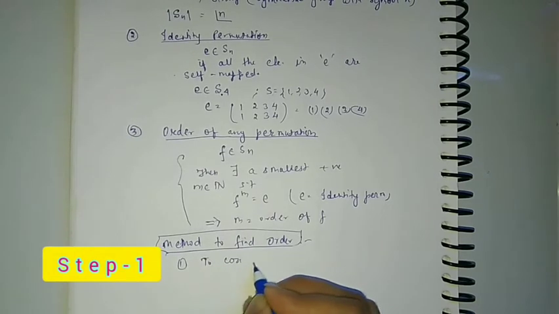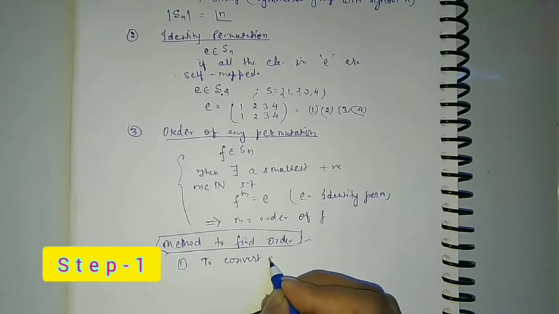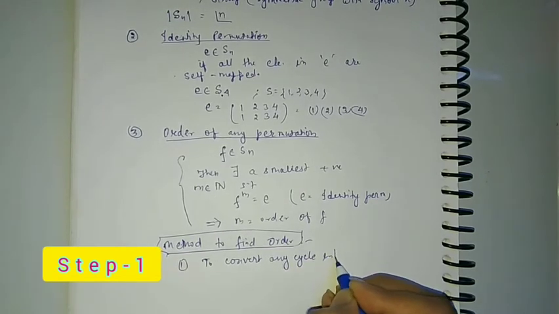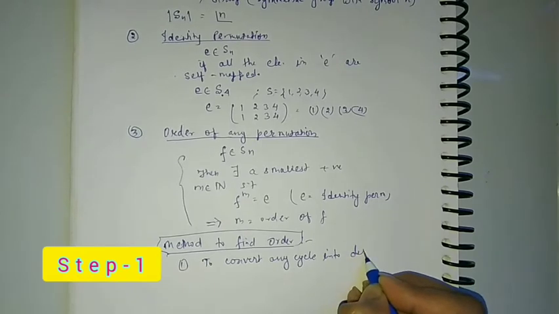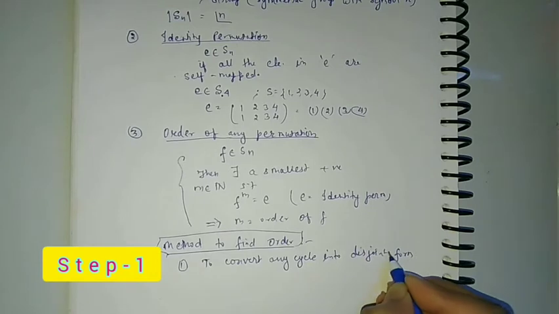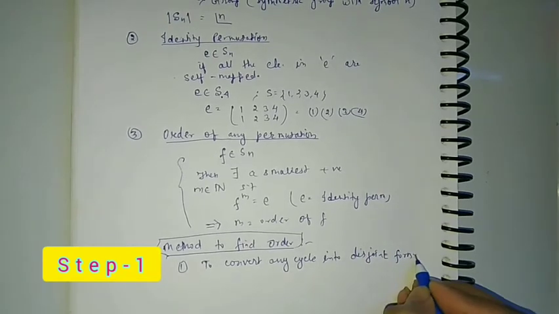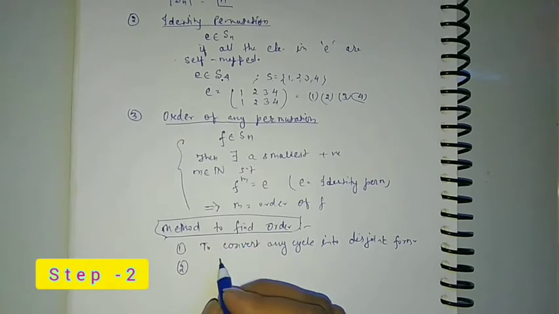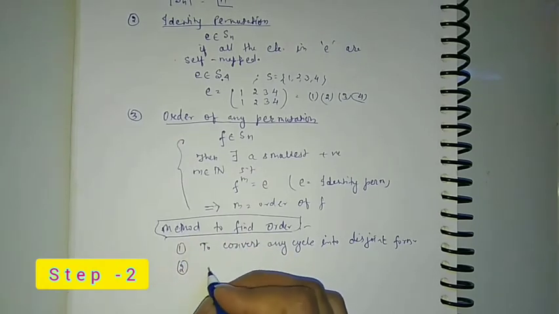We will take examples for converting any cycle into disjoint form; now we are going to define the method only.